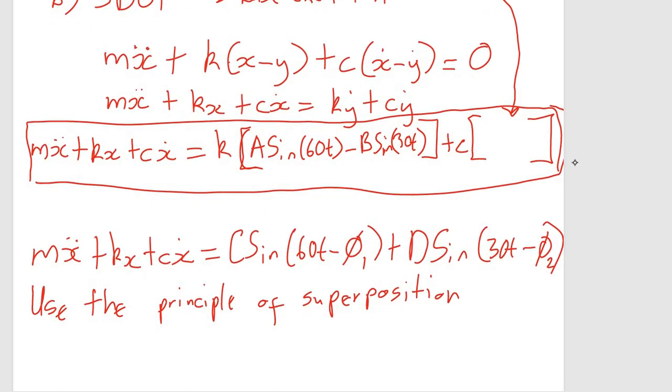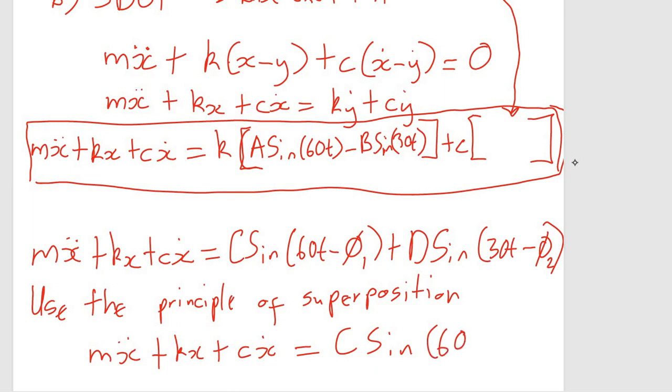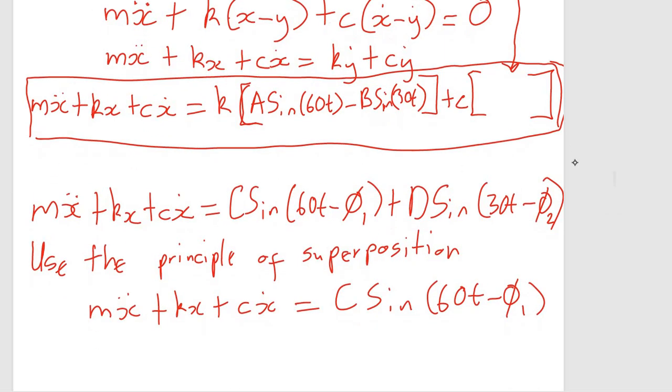So we're going to use the principle of superposition to solve this particular equation of motion. And how are we going to do that? Well, we're going to solve it by superposition. That means that we are going to break it down into two parts and solve it using those two parts. The first part is going to be the part of c sine 60t minus phi, right?